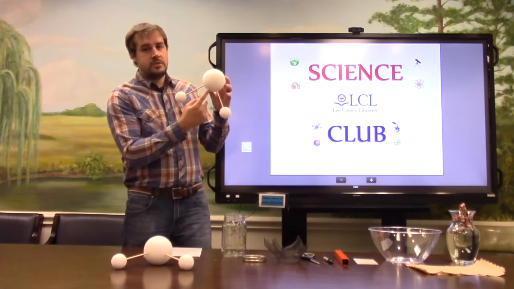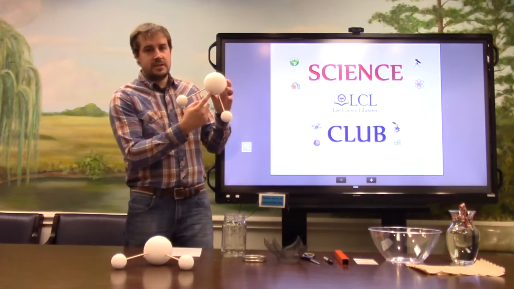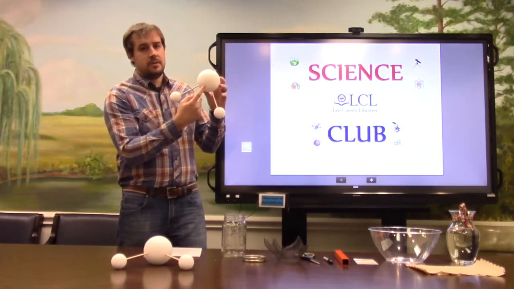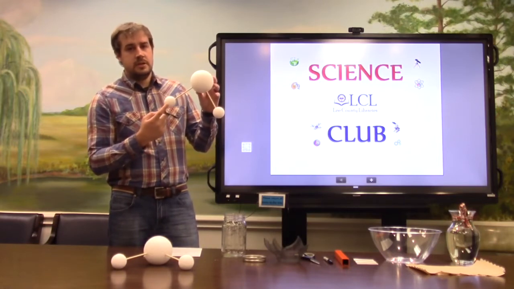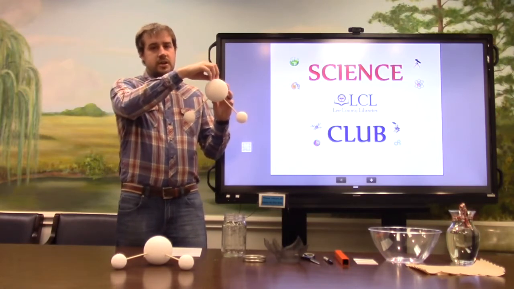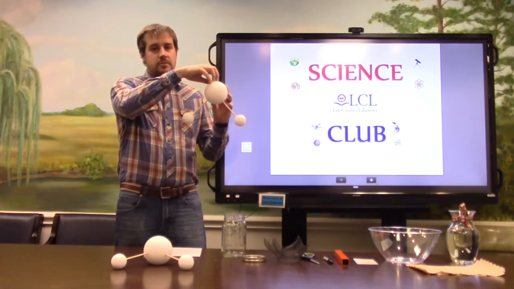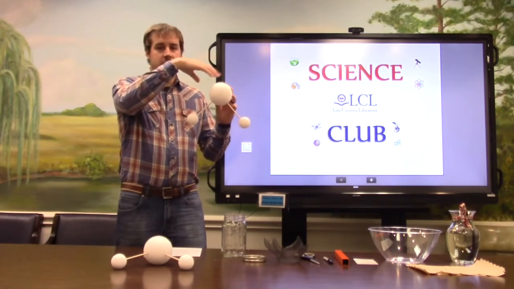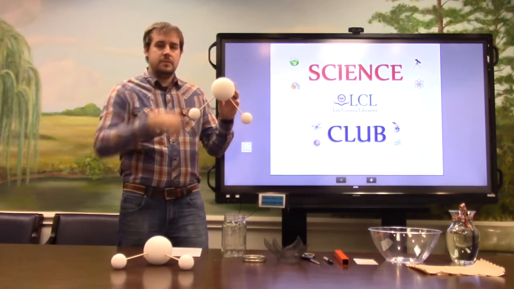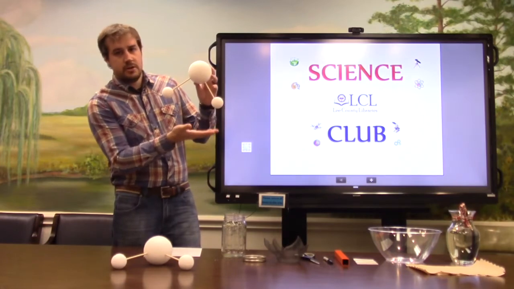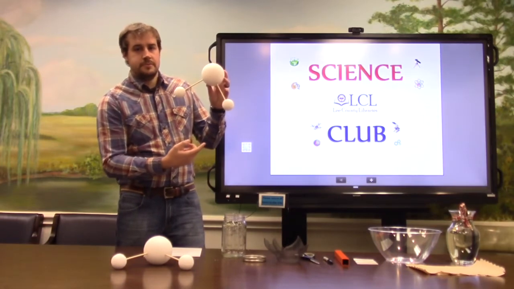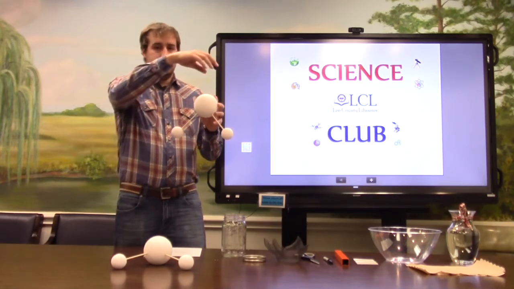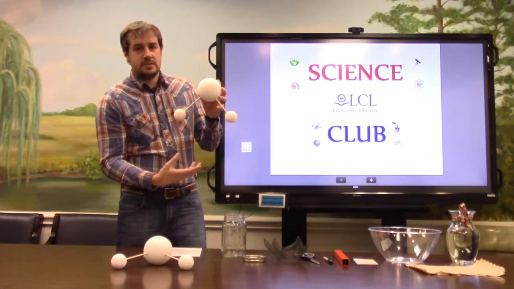But because there's more protons here, and it's a larger mass here, that electron spends more time flying around the oxygen atom than it does the hydrogen atom. So, if there are more electrons spending more time around this atom, what ends up happening? Well, it creates a negative charge around this side of the molecule, and a positive charge around this side of the molecule. Okay? So every water molecule has a negative side and a positive side.